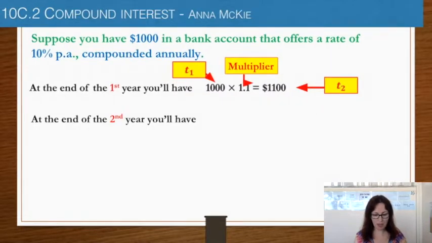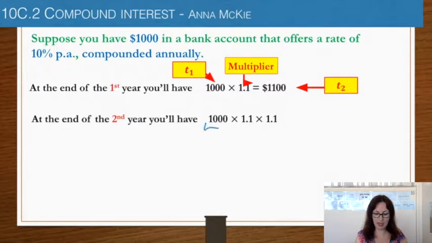Following on with that, at the end of the second year, how much will we have? We would start with that 1,000 and multiply that by 1.1 and multiply that whole answer by another 1.1. Written out neatly there, you can see it as that, and you will identify that that section is actually T1.